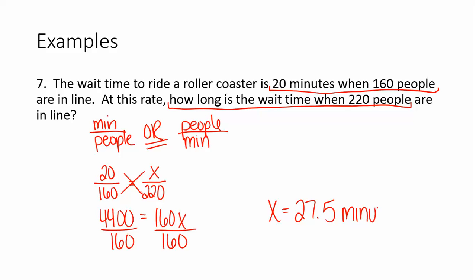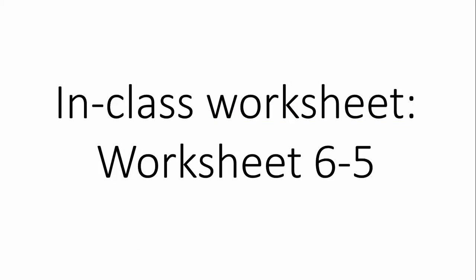Please make sure you're using units when we're working with these story problems. If there are 220 people in line, we know it's going to take a little longer than the 20 minutes. It will take 27.5. In class, we will work on worksheet 6.5.